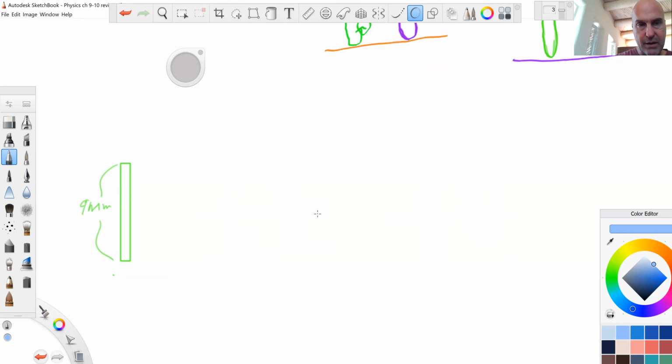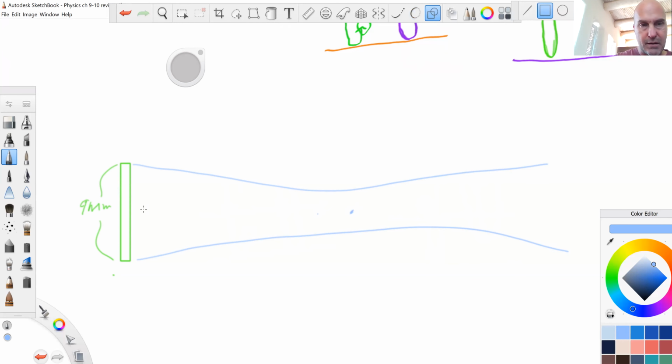Focal point will be right there, and the distance to it is 8 centimeters.